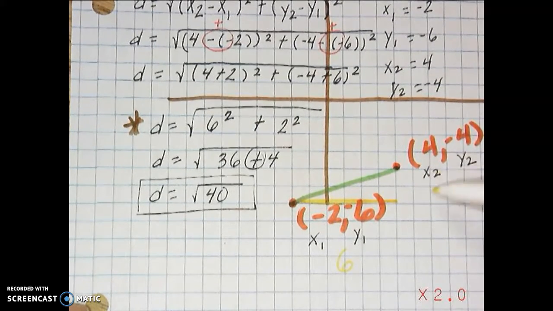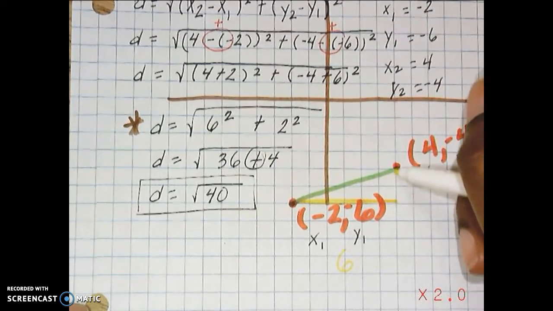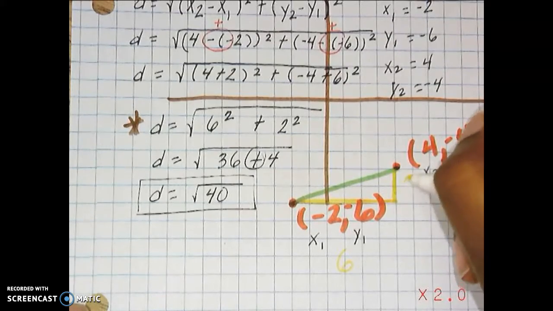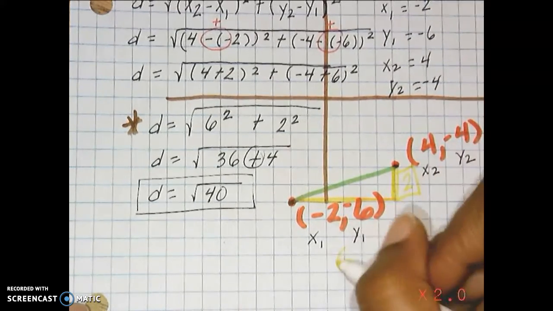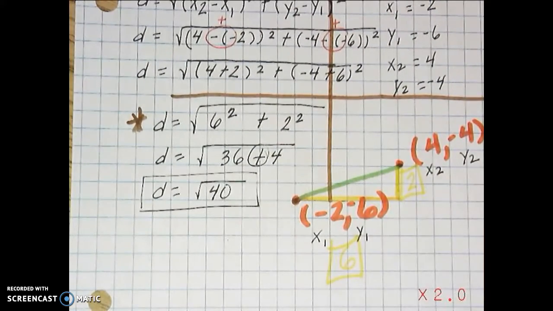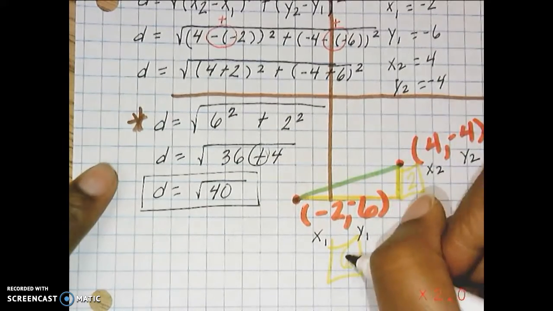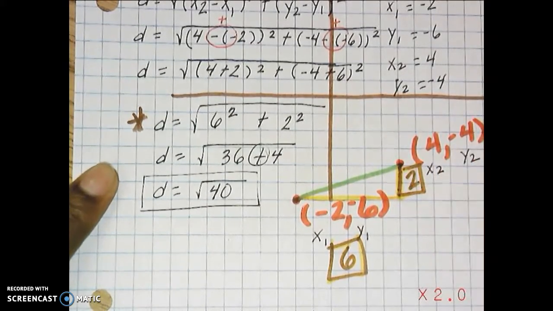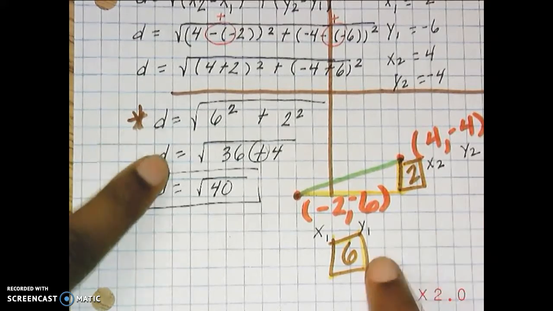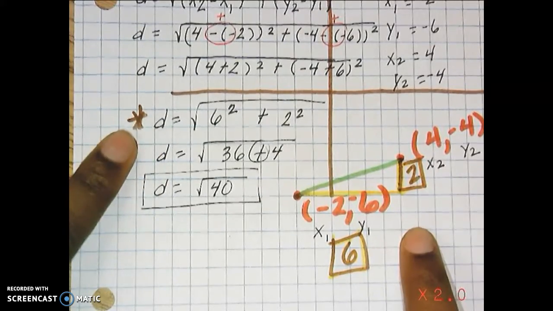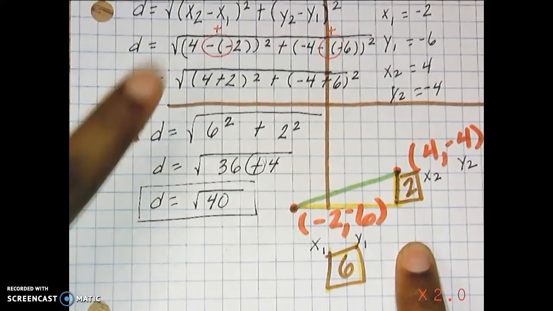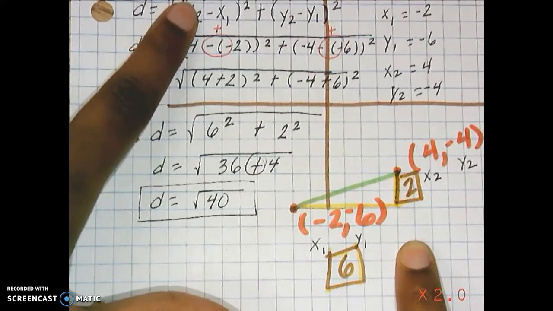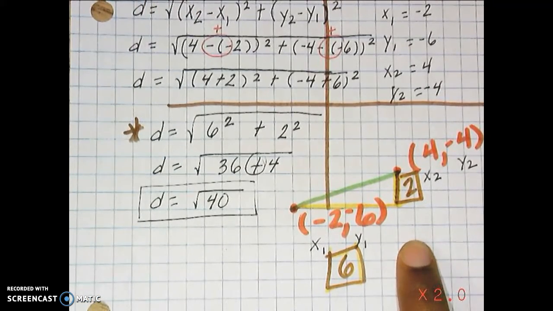And then to go from a negative 6 to a negative 4, that's going to be 2. I don't think you can see that. My bad. So it should be 6 and 2. And so what you can see is that we still end up with the same 2 coordinates for those side lengths, regardless if you use the distance equation up top or if you used Pythagorean theorem.